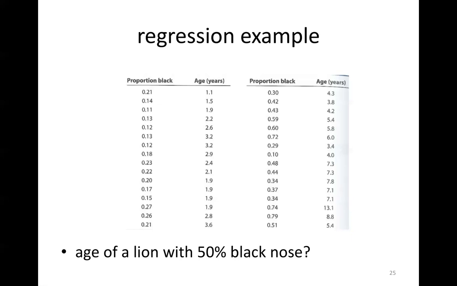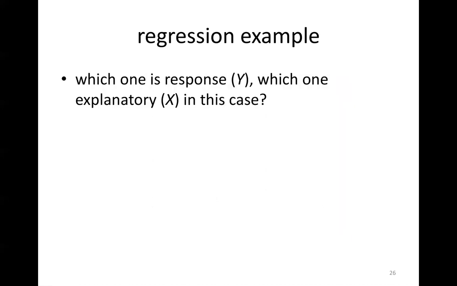issue, and let's try to construct a regression curve where we would be able to estimate the age of a lion of which the nose is 50% black. We already discussed this.